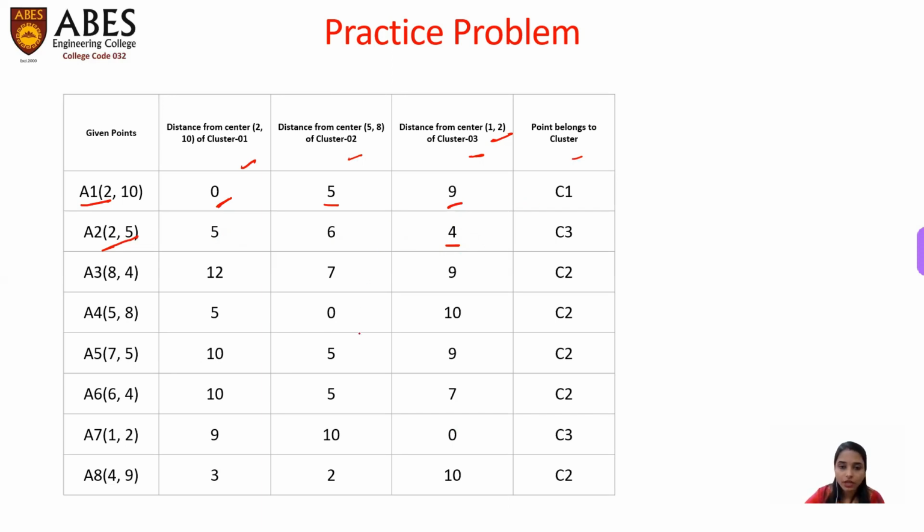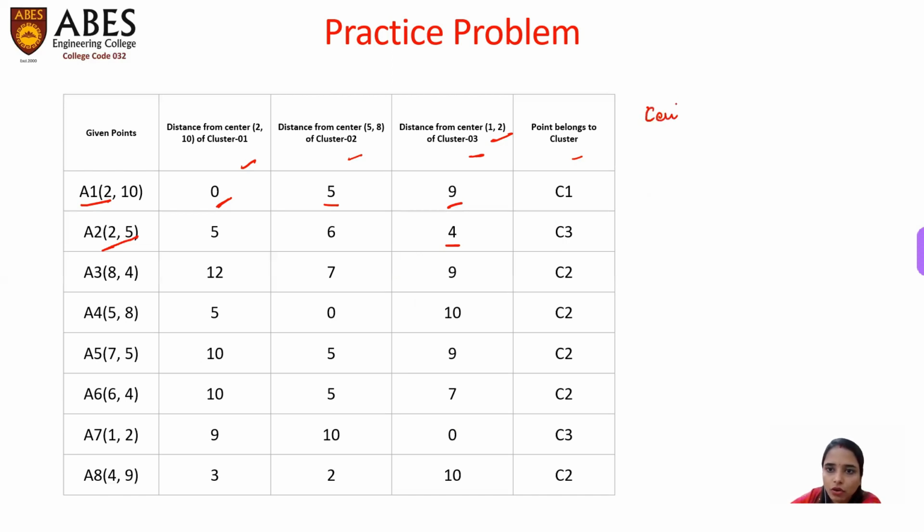So like this, we have assigned all 8 data points to the given clusters on the basis of distance. Now we will recompute the mean value of all clusters by taking the mean of all data points in the same cluster. So we will recompute the center of C1.